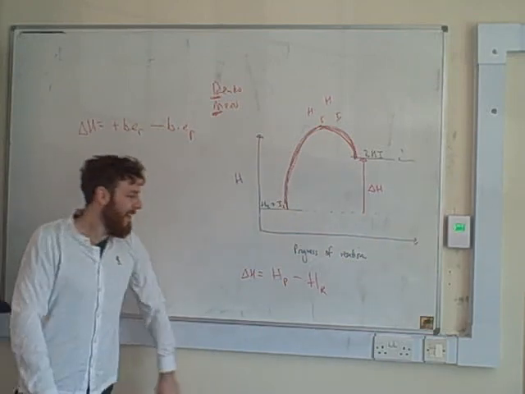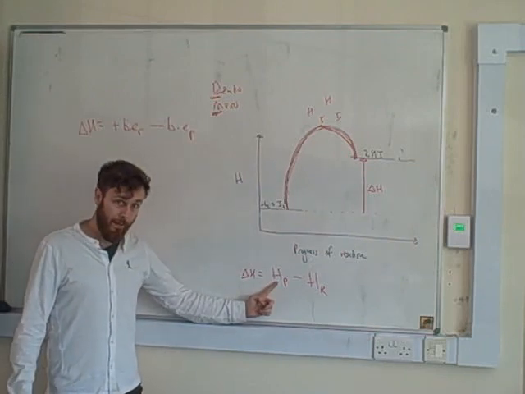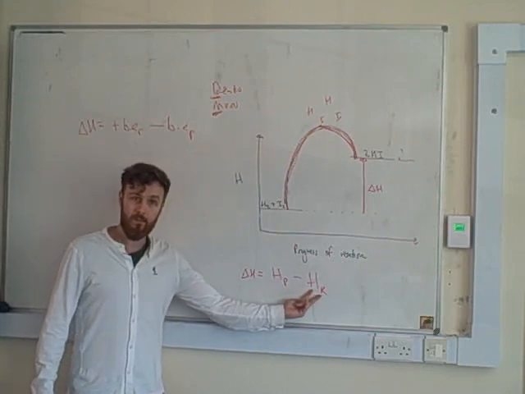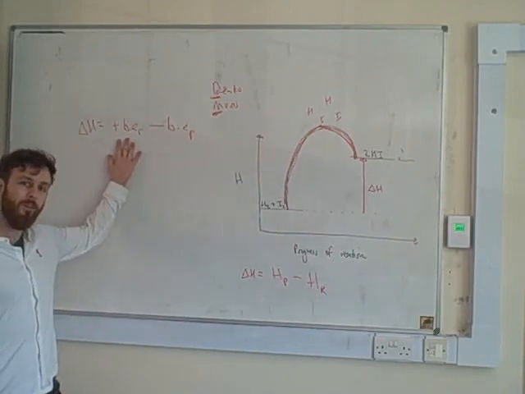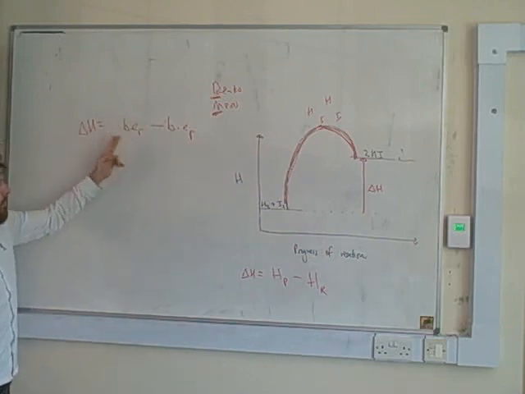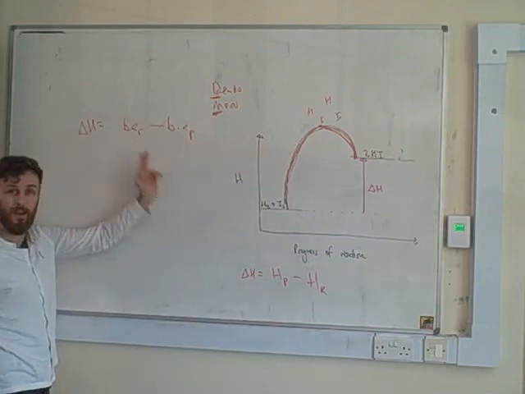So annoyingly, it is the opposite way round between the two methods. If you're using full enthalpies, full H's, it's products minus reactants. If you're using bond enthalpies, you can kind of get rid of this plus, can't you? But it's plus the reactants minus the products, kind of the opposite way round.